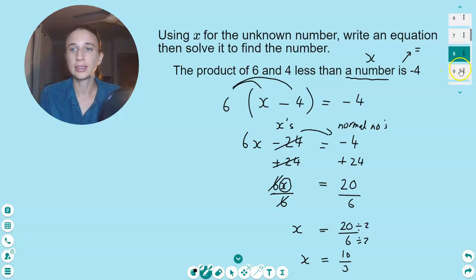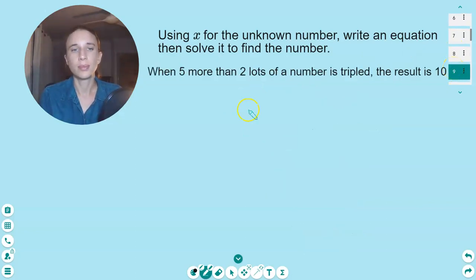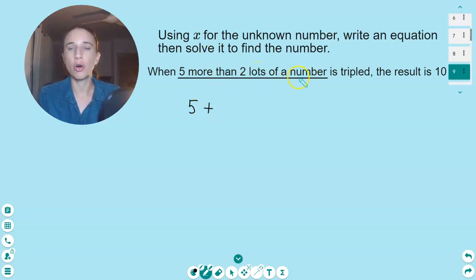Let's check out the next one. So 5 more than 2 lots of a number. All right, I'll underline these keywords. 5 more than means 5 plus or plus 5. 2 lots of a number. What does lots of mean?